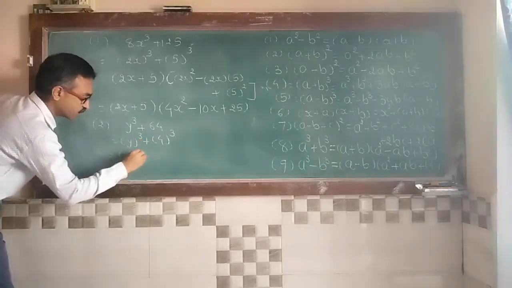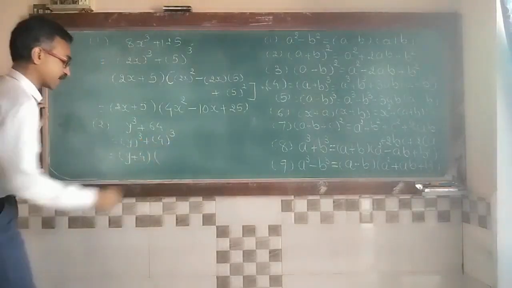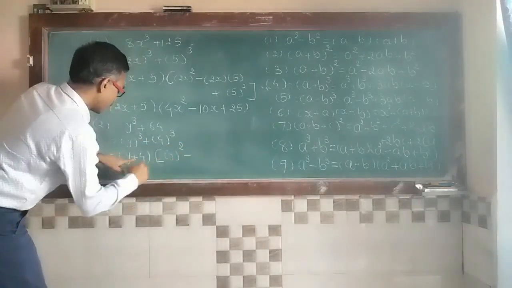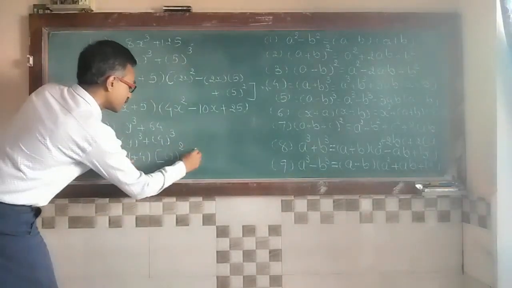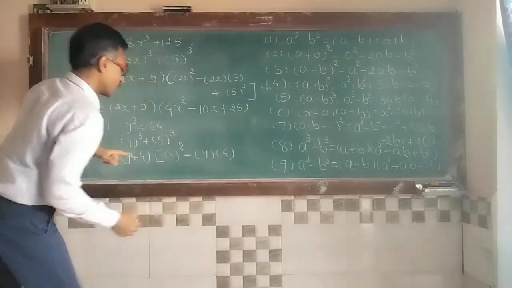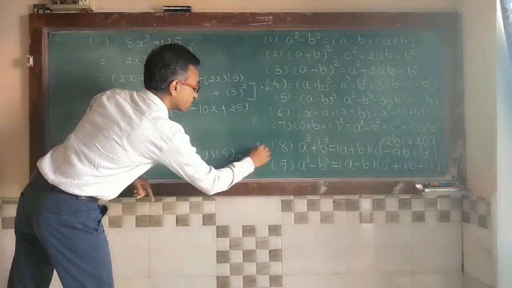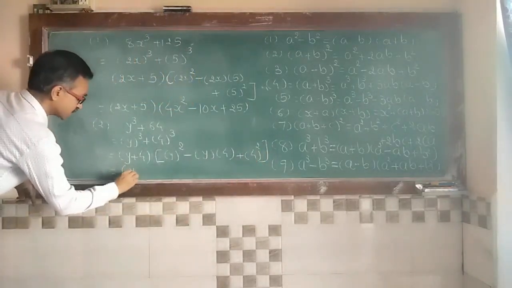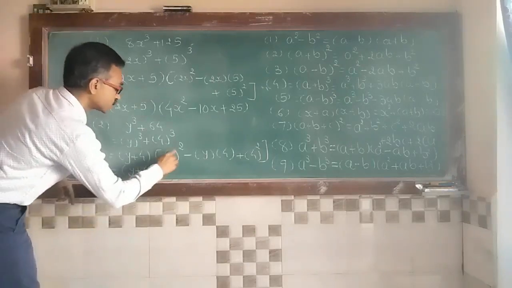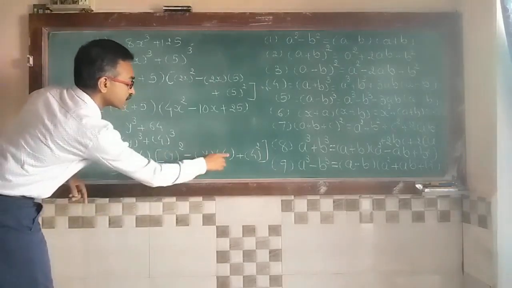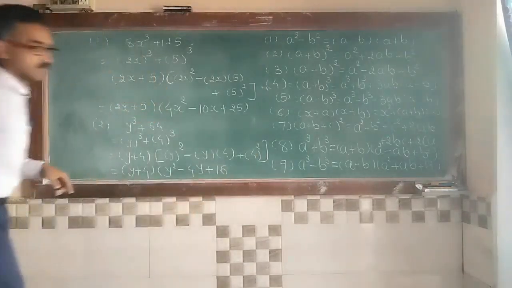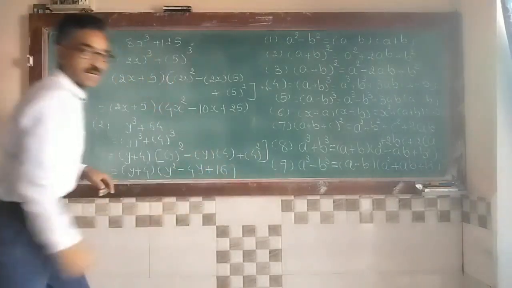So the answer is y + 4 into the second bracket, y^2 minus ab, that is y into 4, plus b^2, that is 4^2. So the answer is (y + 4)(y^2 - 4y + 16). So this is your answer.